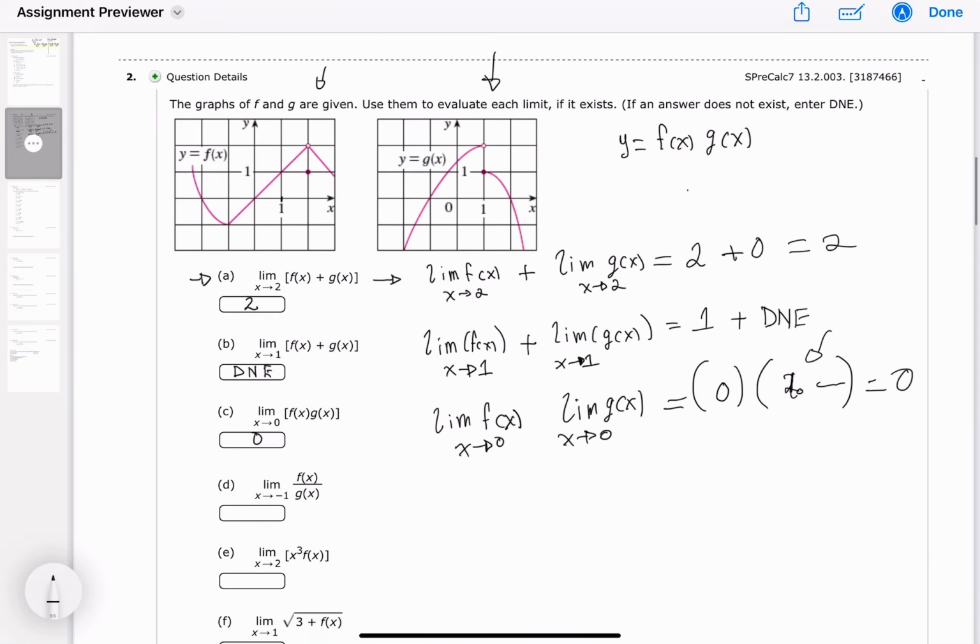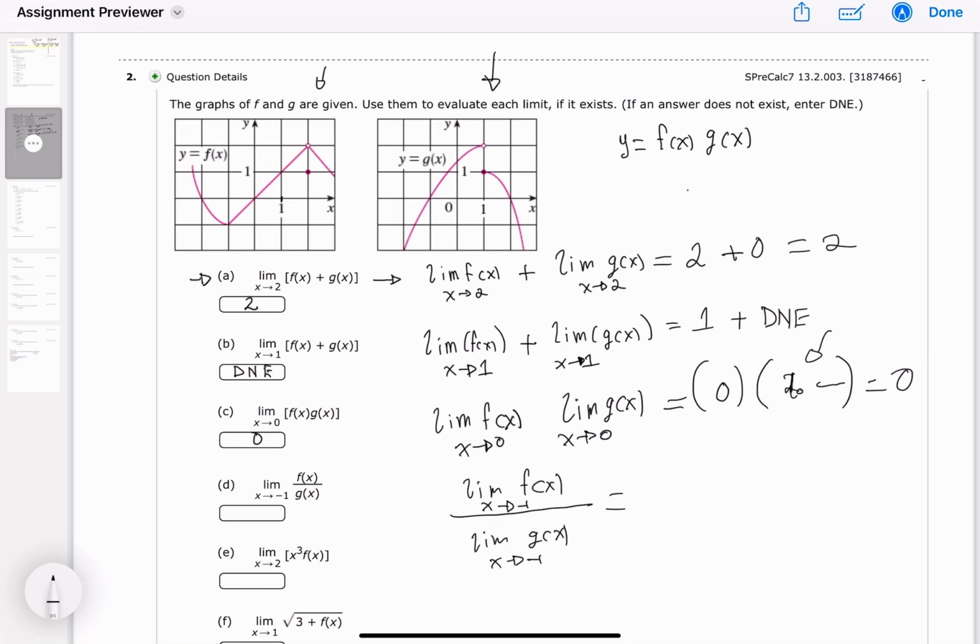Alright, now I have another limit, and I would use just the same approach. I will take a property which tells me that I can take the limit of the first function over the limit of the second one, and don't forget to write as x approaches -1, as x approaches -1. So what happens first?